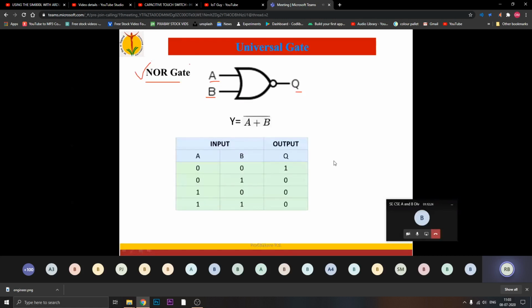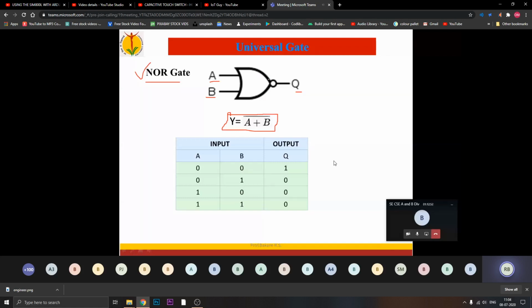Accordingly, we get the Boolean equation Y equal to (A plus B) bar. Obviously, A plus B is the logic equation of the OR gate.